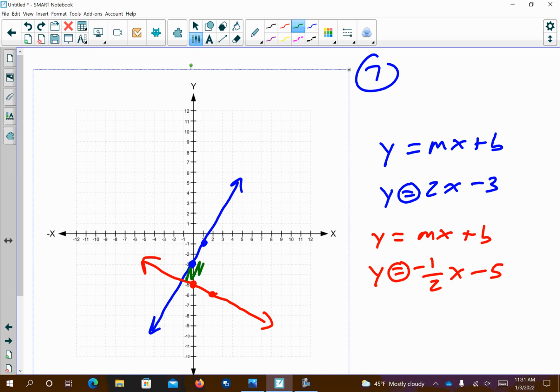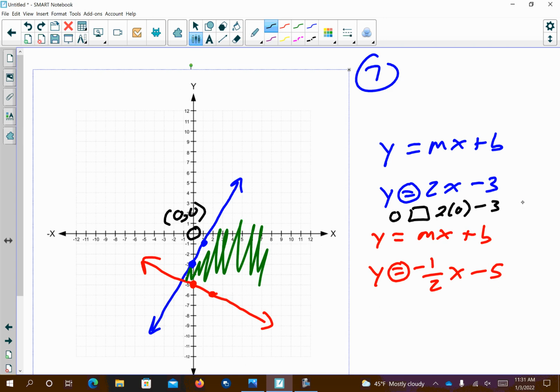So this is the shaded region, right? We can still use our 0, 0 as our test point. Okay, so if I go 0, and I'm going to make that 2 times 0 minus 3. Is 0 greater than or less than negative 3?